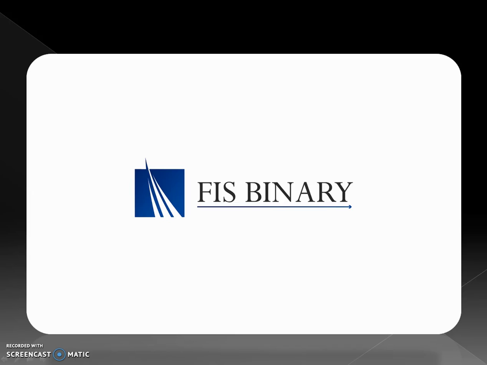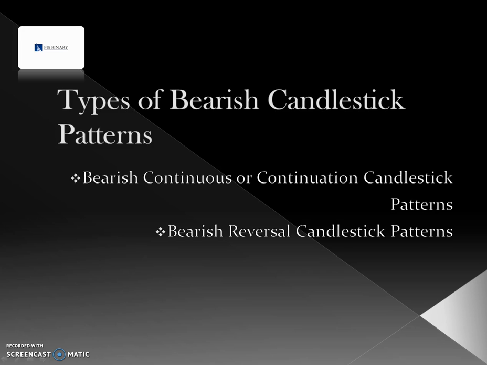We will be continuing our training tutorials today, and today's lesson we will be discussing the types of bearish candlestick patterns. There are two types of bearish candlestick patterns: the bearish continuation candlestick patterns and the bearish reversal candlestick patterns.